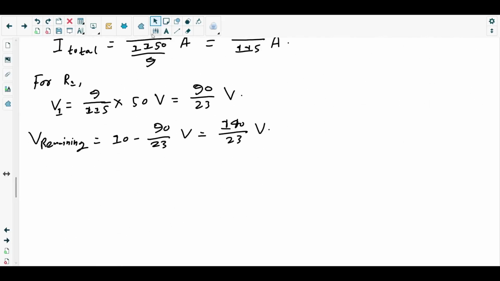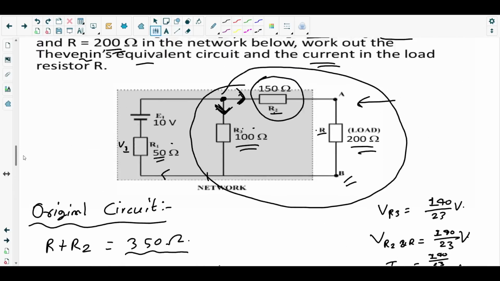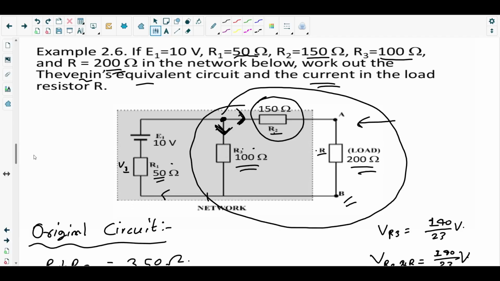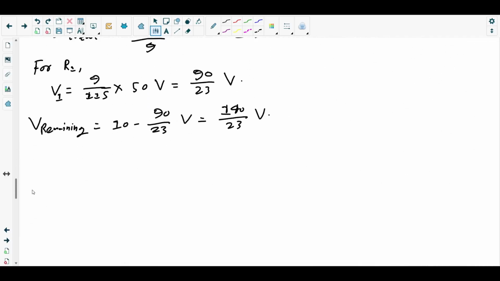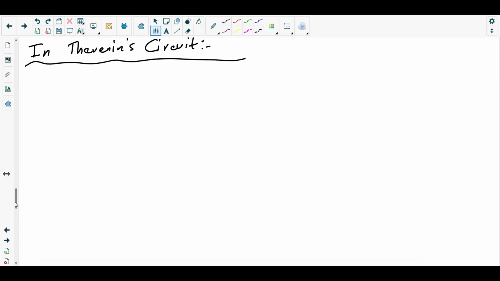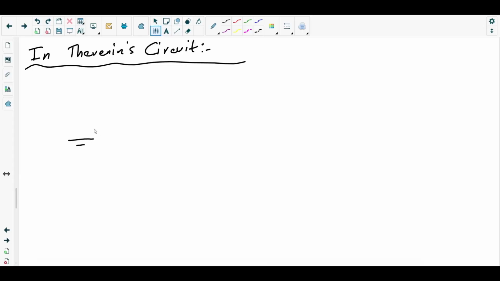Now in the Thevenin's circuit, where's the circuit? Okay, here's the circuit. For Thevenin's equivalent circuit, what we will do first, we will take out the load resistor, right? So in Thevenin's circuit, what happens? Look, this is E1, the EMF source.